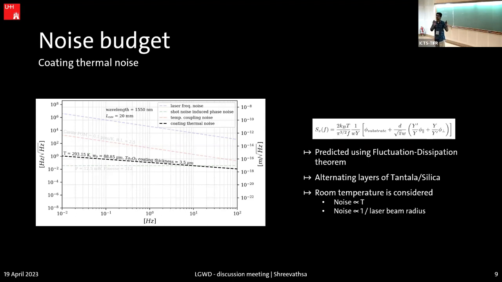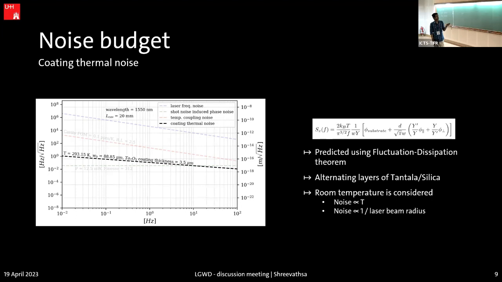If the cavity that we make out of the proof mass and so on, if the kind of coating that we use can be predicted, the noise can be predicted using the fluctuation dissipation theorem. So it is directly proportional to the temperature; increase the beam size, you go down with the noise and so on.